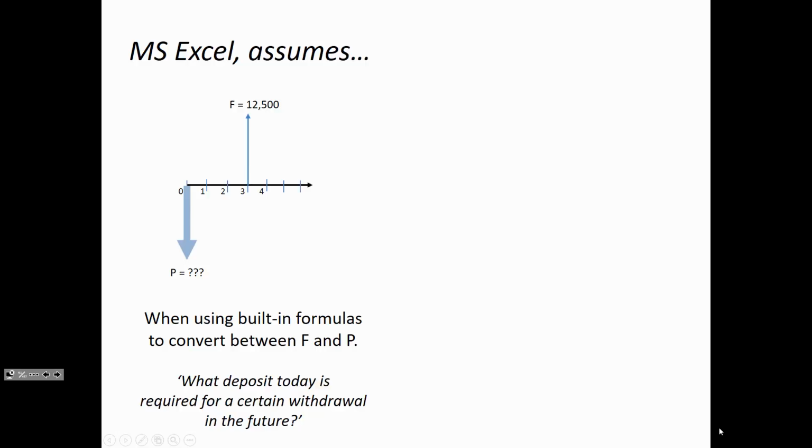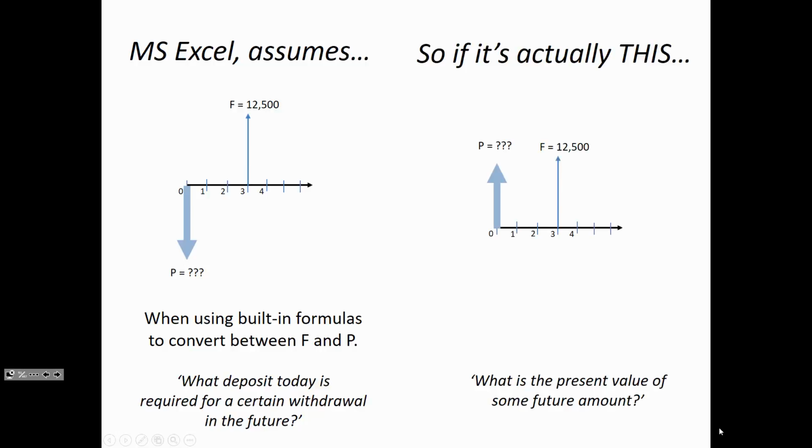Really, most of the time, though, we're going to be solving for problems that look like this. We're going to be solving for some present value where we know a future amount, and we're going to have the same directionality of that quantity. And so if it is an inflow, like is pictured here, in the future, we're going to assume that we're going to try and find the present value of that by discounting it, but we're going to assume that it's still an inflow for most of the type of problem solving that we're using.